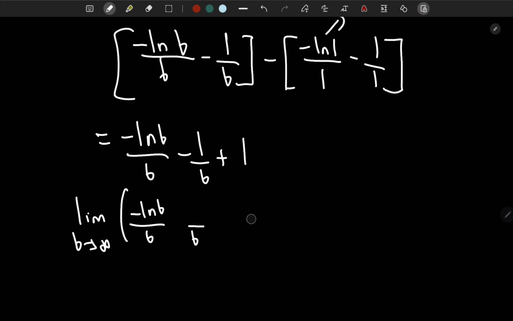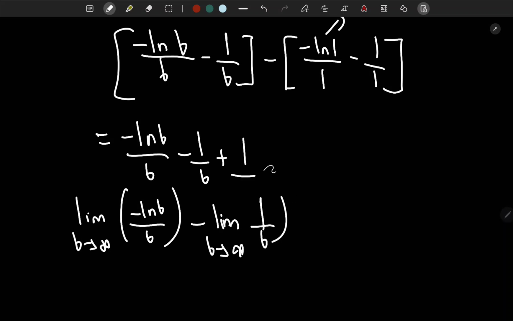So it's going to be the limit of minus ln b over b, minus the limit as b approaches infinity of 1 over b, and the last one is just a constant, so I'm going to leave it as is.